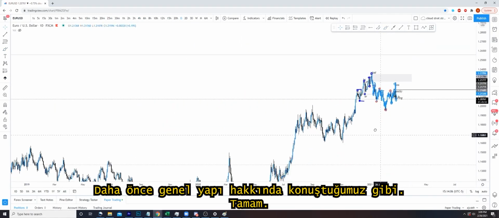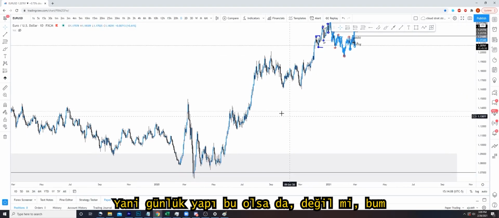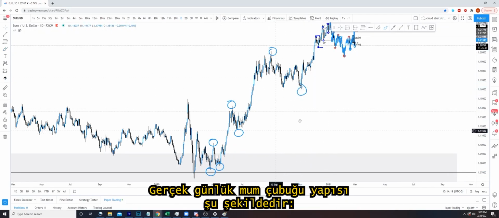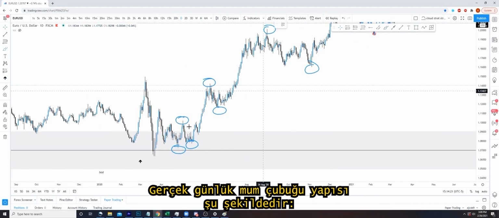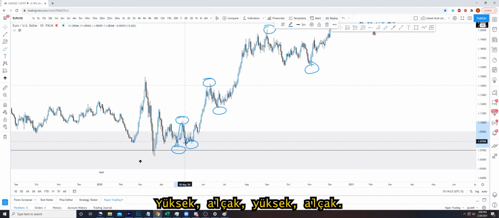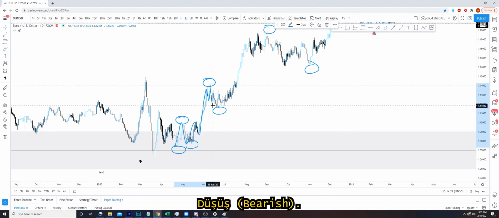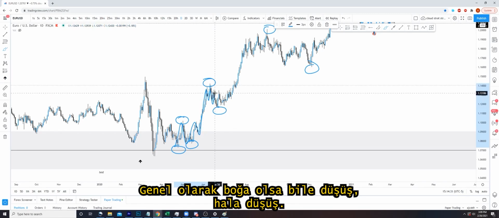So as we spoke about before, on overall structure, right? Even though daily structure is this, right? Boom, boom, boom, boom, boom, boom, boom, high, right? The actual daily candlestick structure is as follows: high, low, high, low, high, low, high, bearish, even though it's bullish overall.